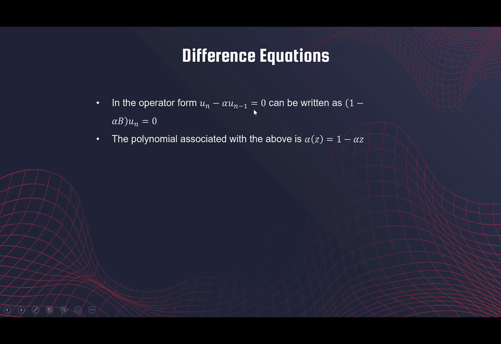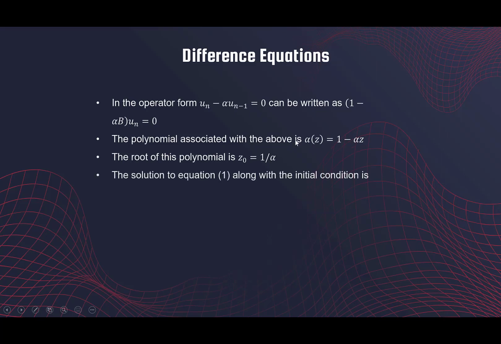If I had n minus 2, I would write z squared, right? So the polynomial associated with this is 1 minus alpha z. And if you think about the root of this polynomial, which I'm going to call z0, so z0 is the root of this polynomial. So it's 1 by alpha.